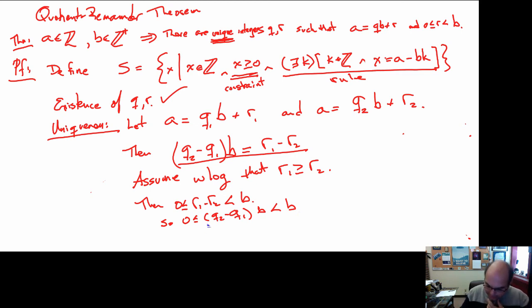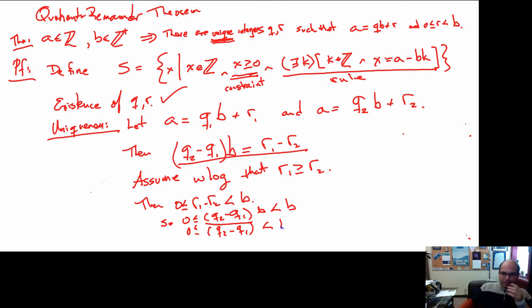Well, since this is an integer, it can't be any smaller than 0, because remember, b is positive. So if nothing else, I can just divide everything by b, and I end up with 0 is less than or equal to q2 minus q1, which is less than 1.